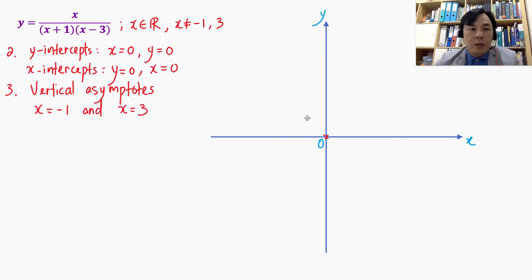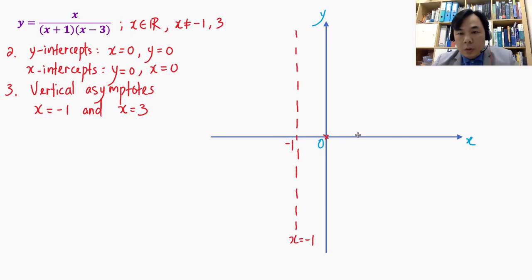So we have two vertical asymptotes. One is at -1, so I'm going to sketch that out. That's the first one. And then the second one is at 3.